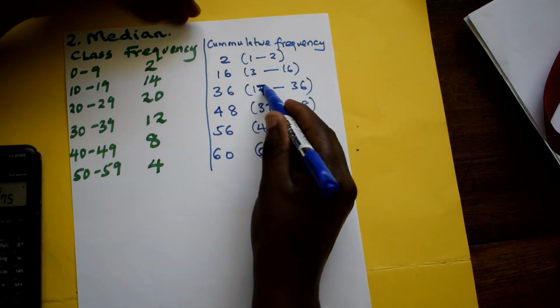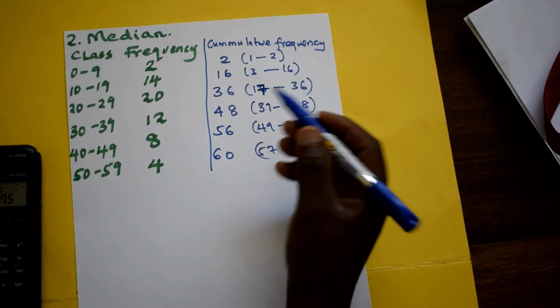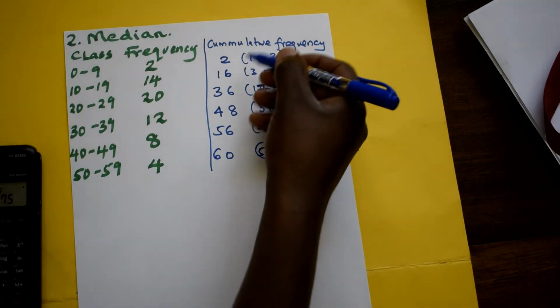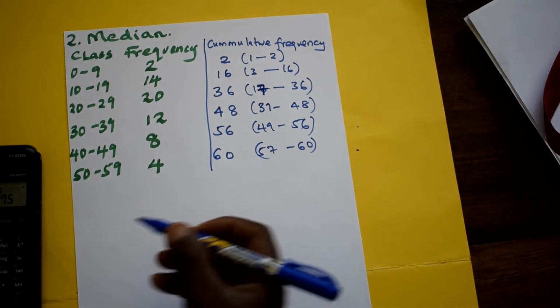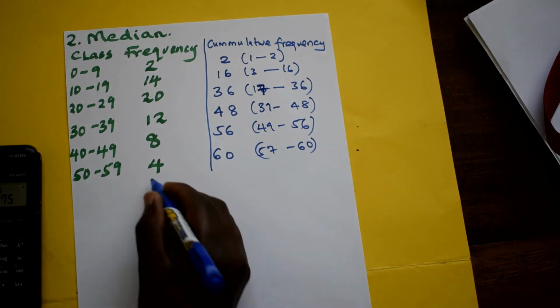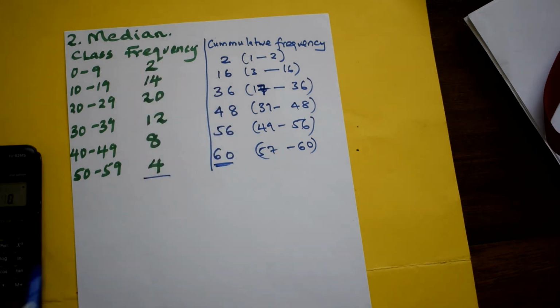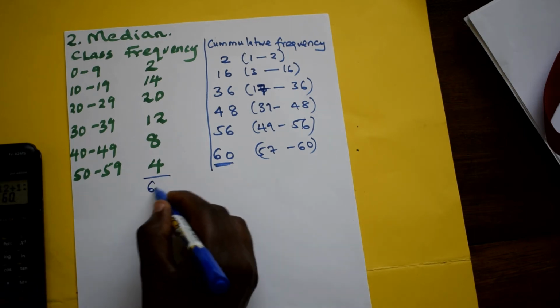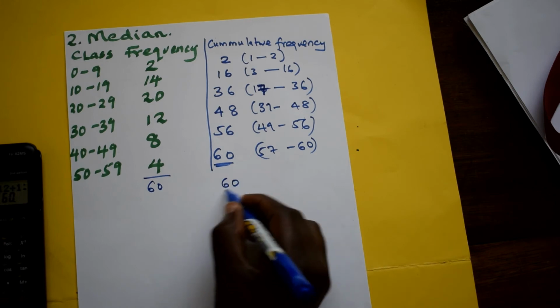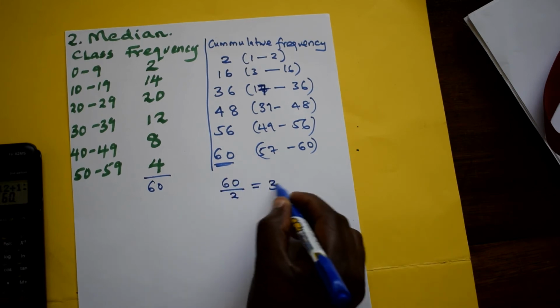But since we are looking for the median, which is going to divide by 2, we can apply this. We need to know 60 since it's our total frequency. The last CF should add up to this, so 2 plus 14 plus 20 plus 12 should give us 60. So 60 divided by 2 will give us 30.